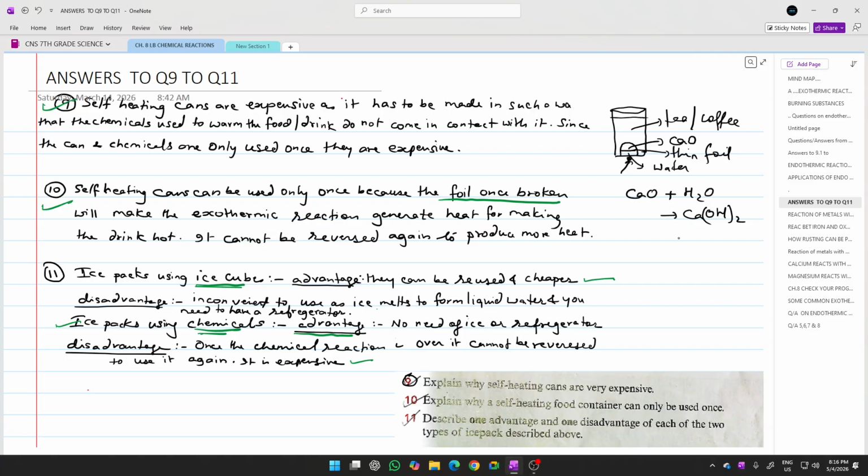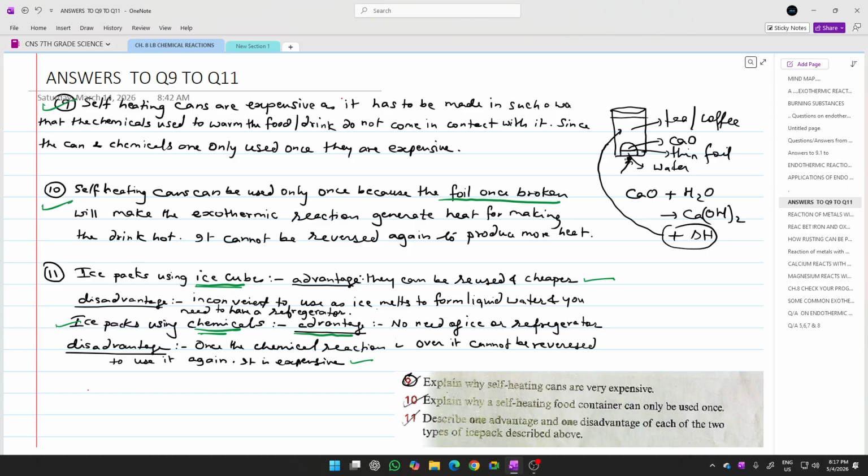This is an exothermic reaction, so heat is given out, plus delta H. This heat given out because of this reaction is made use of in heating the tea or coffee. It becomes warm because of this delta H. So this is the mechanism of a self-heating can.